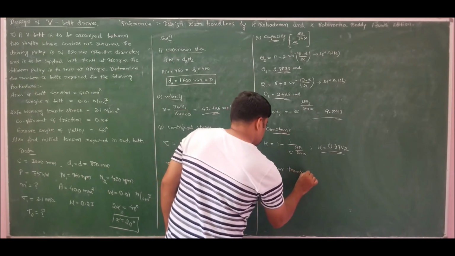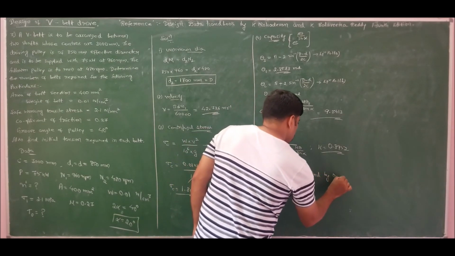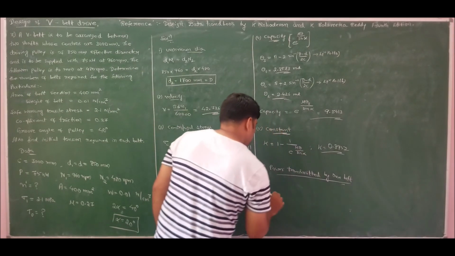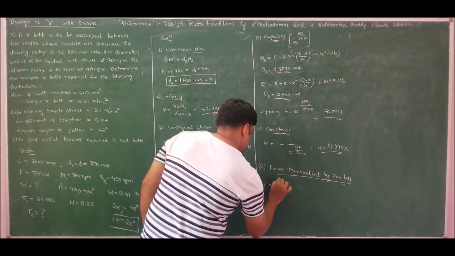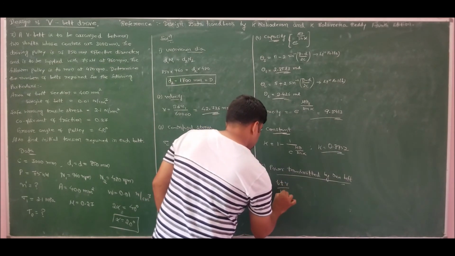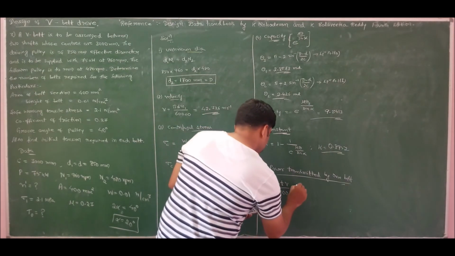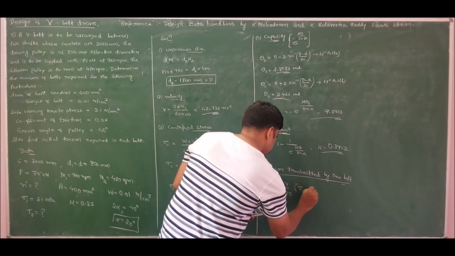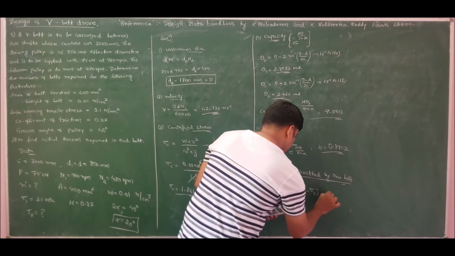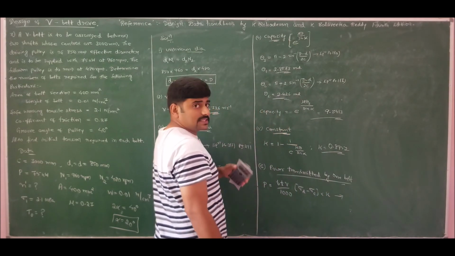Next, step 6, power transmitted by one belt. We know the power equation, P is equal to width into thickness times velocity by 1000 into (sigma design minus sigma centrifugal) into K. That is nothing but 1 minus 1 by e to the power of mu theta by sin alpha.